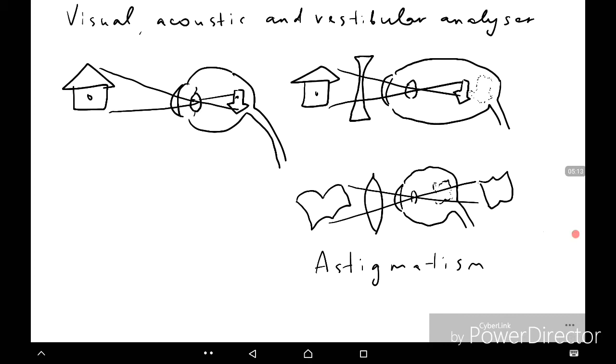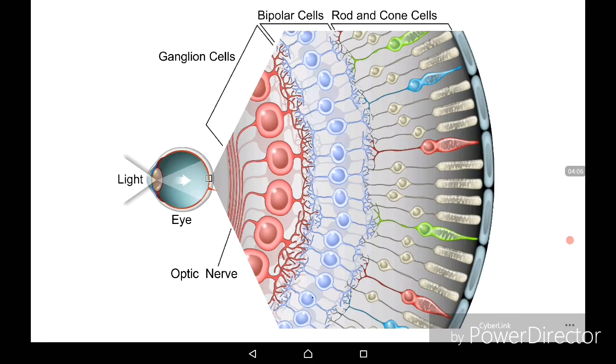And now we will speak about the structure of the retina that consists of light-sensitive cells. In this picture we can see rods and cones. They are placed on the peripheral part of the retina.